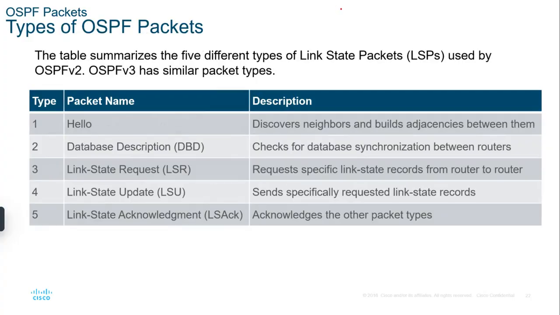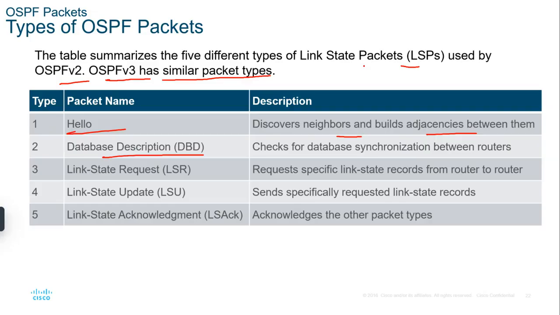The table summarizes the 5 different types of link state packets used by OSPF version 2. Version 3 has similar packet types. The hello discovers neighbors and builds the adjacencies between them. Then the database description checks for database synchronization, so the databases between the neighbors get synchronized.